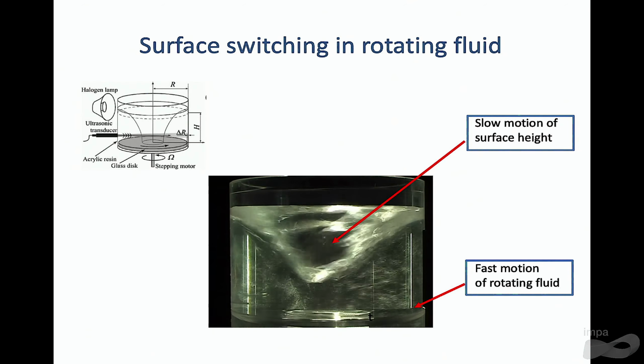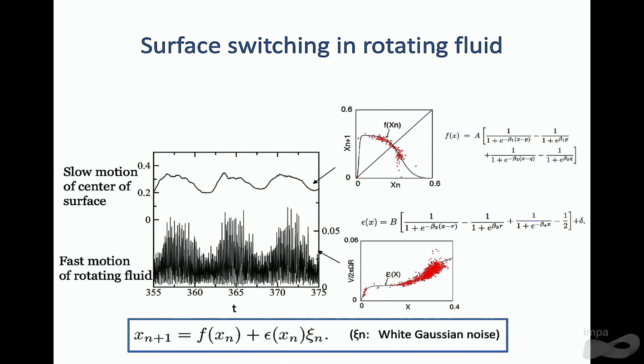This is a time series from a real experiment. For the slow motion of the center of the surface, based on this data, we have this return plot. Then we may have this kind of mapping, a one-dimensional mapping. And then from the fast motion of rotating fluid, so this is too fast, so that we can measure the strength of the turbulence, the disturbance.